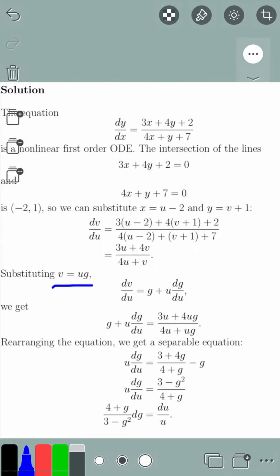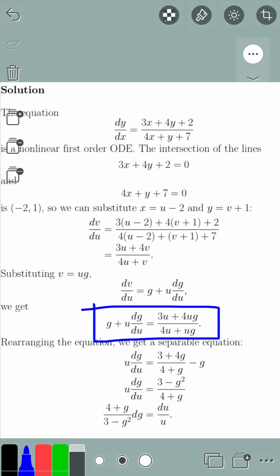Then dv over du, using the product rule for derivatives, is equal to g plus u times dg over du. Then just substitute them in this equation, and we get this equation.